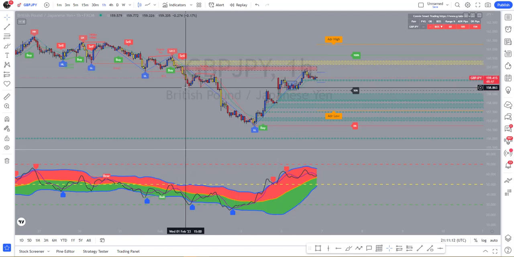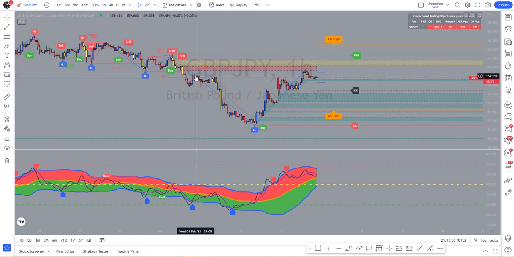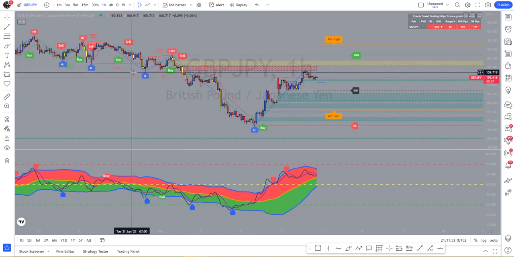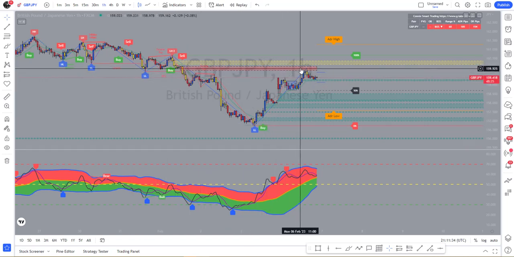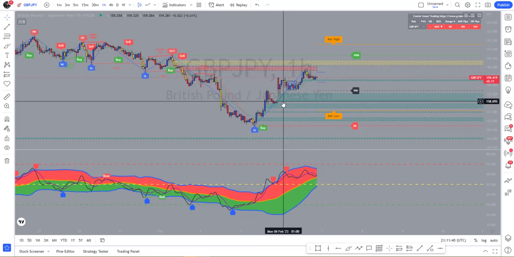Whenever there's a break of structure, with a bullish break of structure we mark the last bearish candle, and with a bearish break of structure we mark the last bullish candle. So after a break of structure, price can pull back, like we had a break of structure here, and then price pulled back into that order block and is now looking to give us a move to the downside.